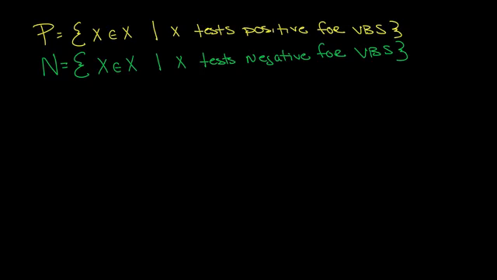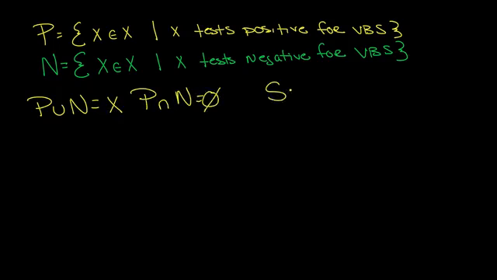Again, assuming the test is deterministic, notice we have that P union N is everyone, and P intersect N is no one, just like we had S union H is everyone, and S intersect H is no one.